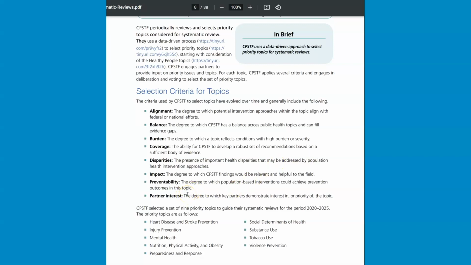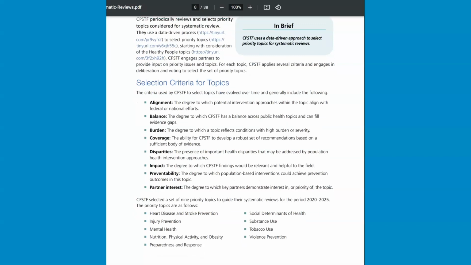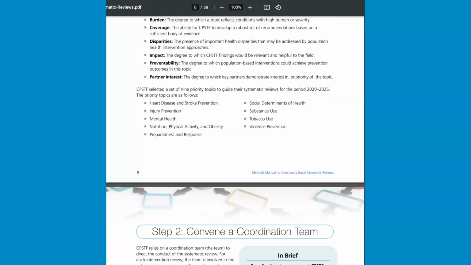Are people interested in working in these areas? And so they actually came up with 9 priority areas based on the criteria that I just read to you. And so these types of criteria can be good to identify topics for yourself as well. And that's why I went through them.